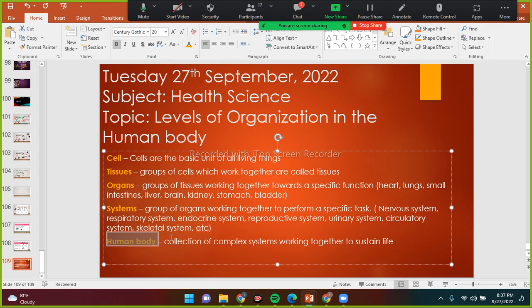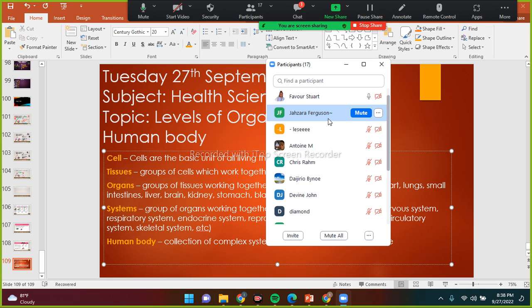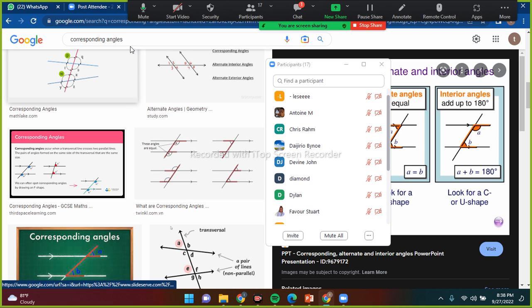Without looking in your book or your notes, cells make up what? Tissues. Tissues make up organs. Organs make up systems. And systems make up the human body. All right. So those are the levels of organization.